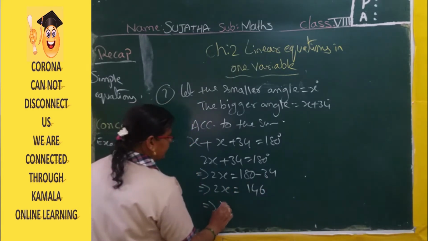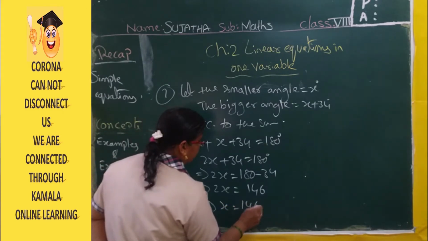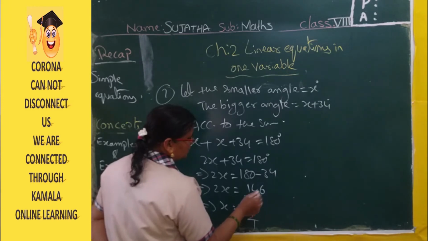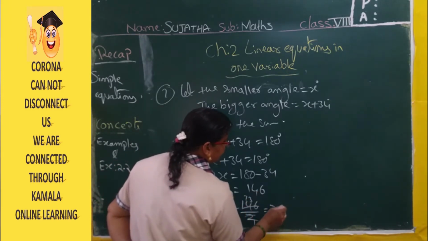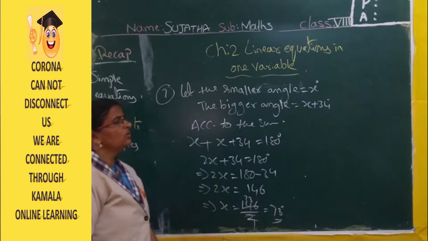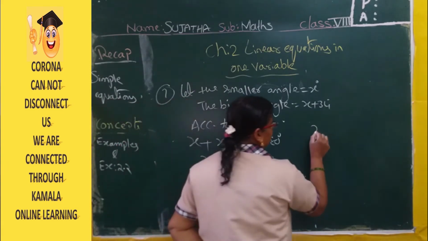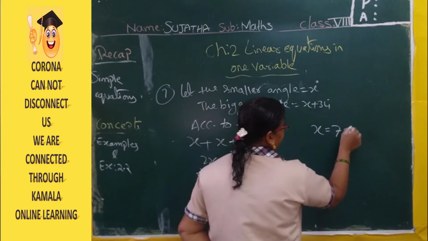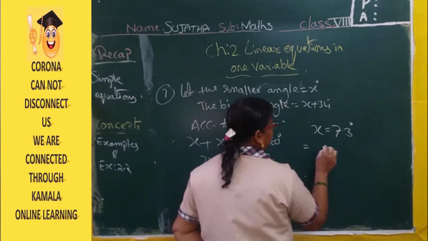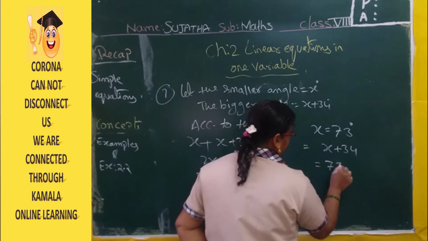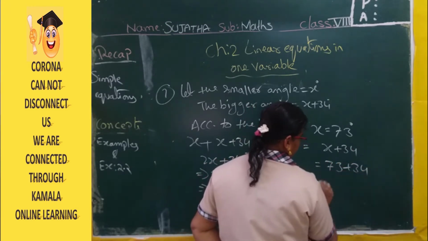It implies x is equal to 146 by 2. 73 degrees. So what is the x value? X is nothing but the smaller angle. So what is the smaller angle? 73 degrees. Then what is the other angle? X plus 34. That is 73 plus 34 degrees.